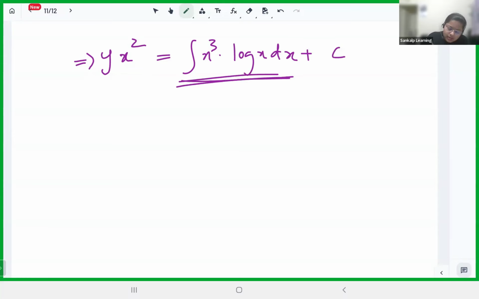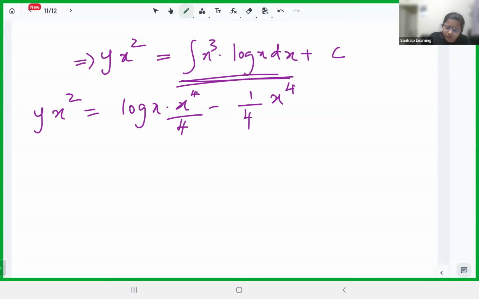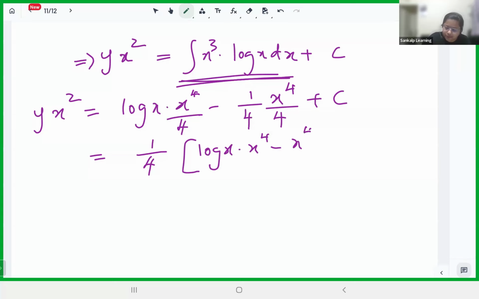And now we have got it, so we can write this as log x into x raised to 4 by 4 minus 1 by 4 x raised to 4 by 4 plus c. You can take 1 by 4 outside. So it is log x into x power 4 minus x power 4 by 4 plus c. So this is our solution of the differential equation.